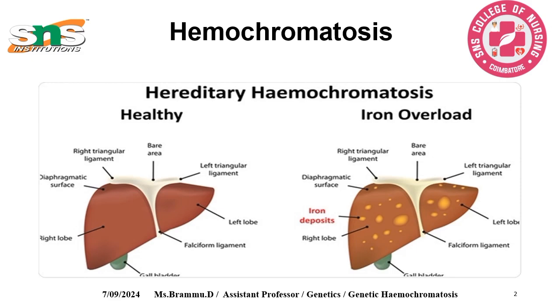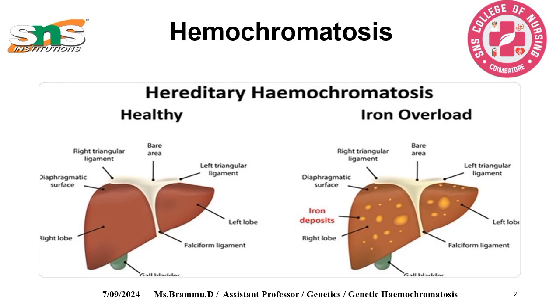So when you go through this picture, you can see I have given both a healthy liver as well as an iron overloaded liver, which shows more and more iron deposits on all the lobules, as well as the size of the liver being very much increased, which has a direct impact as well as an indirect impact on many end organs.